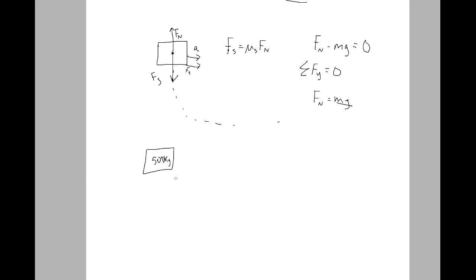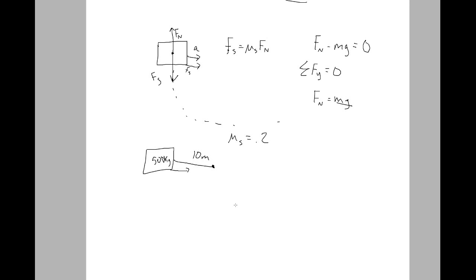And let's say the coefficient of static friction, let's say we're on an icy road, so it's 0.2. And let's say the radius of my turn is, well, let's say 10 meters.